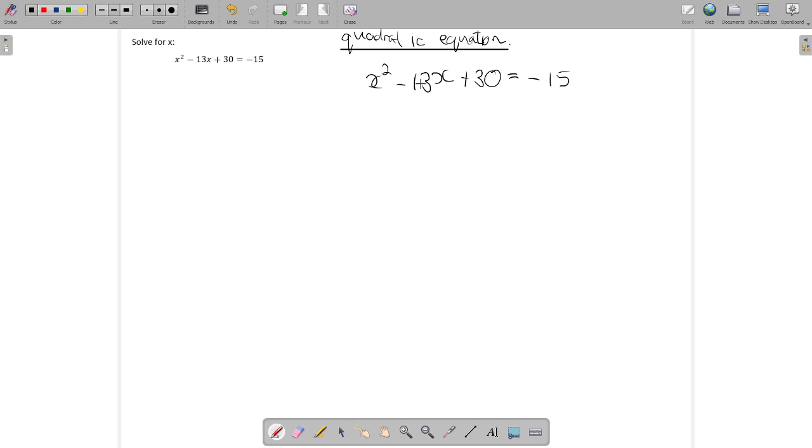If we get all the x's to one side, we'll have x squared minus 13x is equal to minus 45. Okay, so can we find a value for x now which would make this equation true?